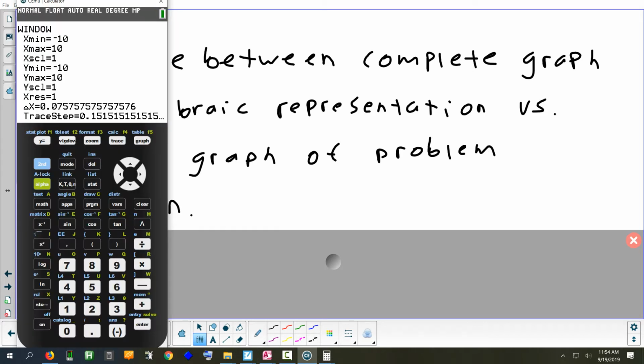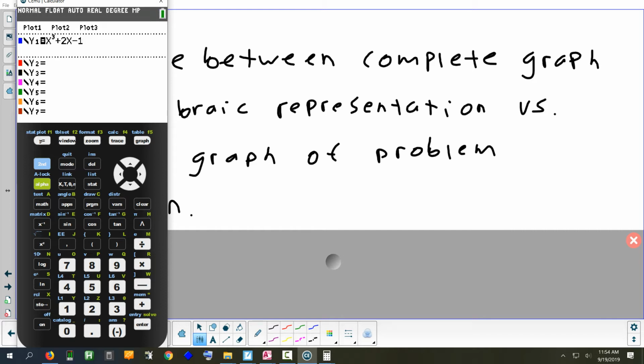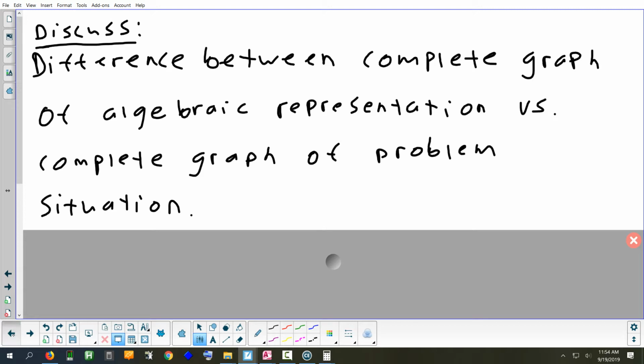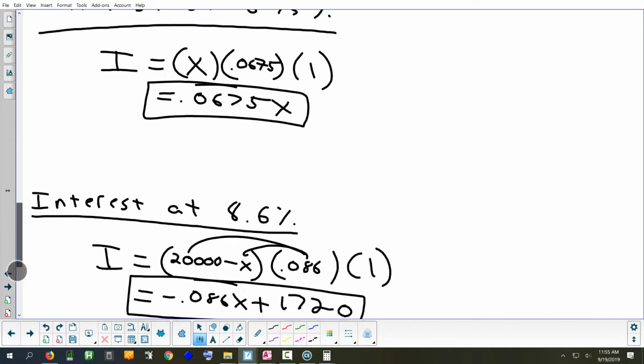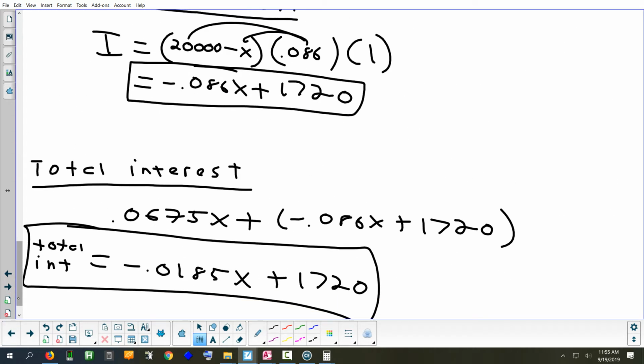Okay. So let's set our window. 0 to 20,000. The y min and max, that's going to depend on what they tell us in the next part. But we can put the equation in if we want. What was it?